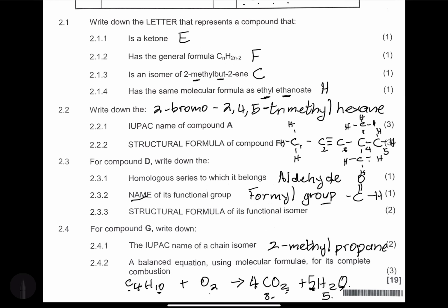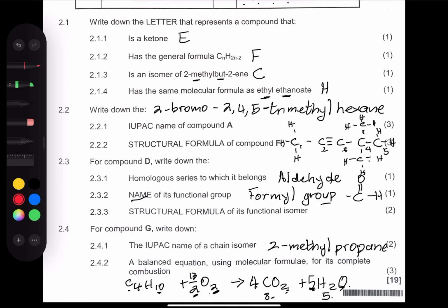So in this case, this will simply be 13 over 2, because 13 over 2 times 2 will give us 13. However, please remember that you cannot leave the coefficient as a fraction or decimal place. So in this case, I'm going to just multiply everything by the lowest common denominator, which is 2 in this case. So it means everything is multiplied by 2. I just want to change color so that you can see that nicely.